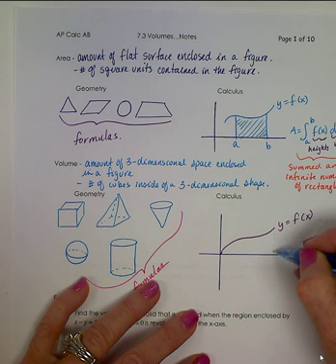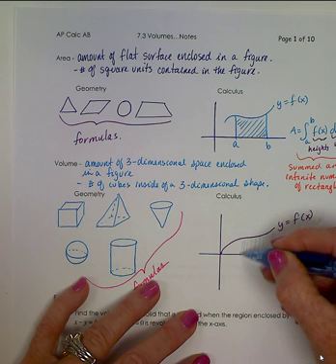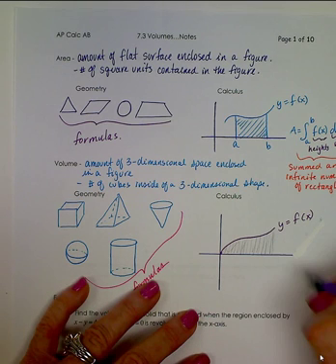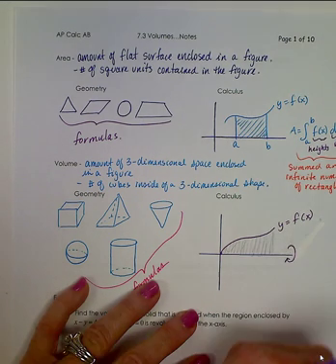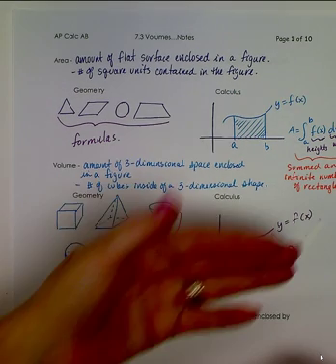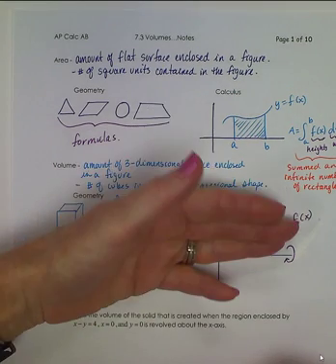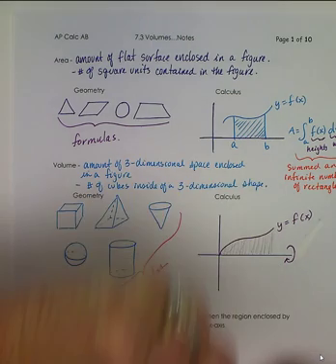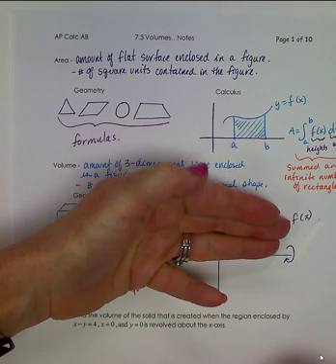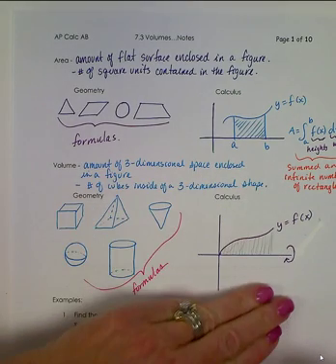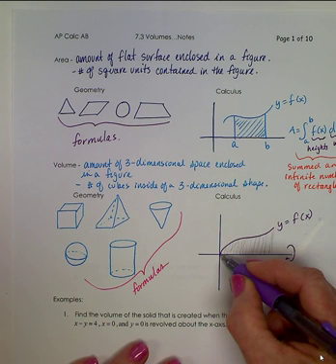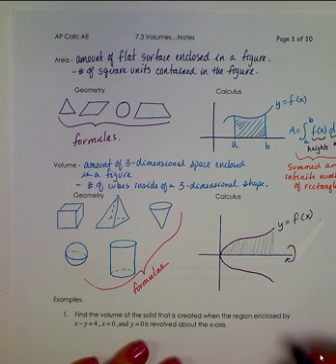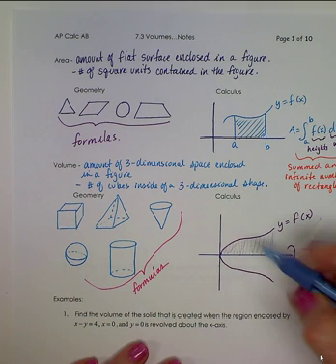So this area that's underneath here, we're going to take that region and we are going to spin it about the x-axis. So this part up here kind of comes out and around and comes down and flips down through the page. So we're doing this. This is coming through and coming around this way. So this piece up here is going to come down there. And then this kind of comes around.